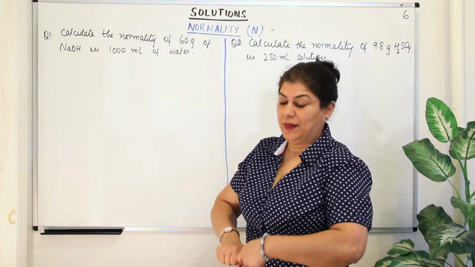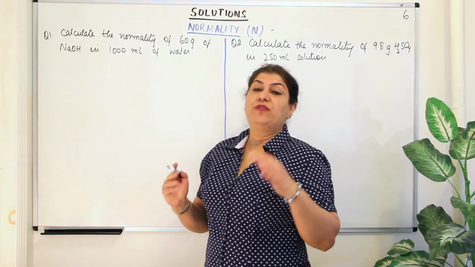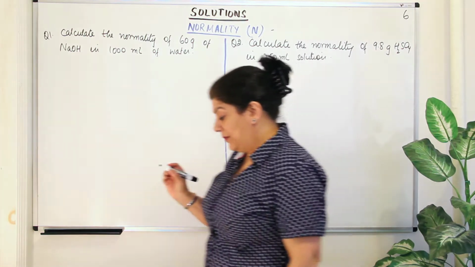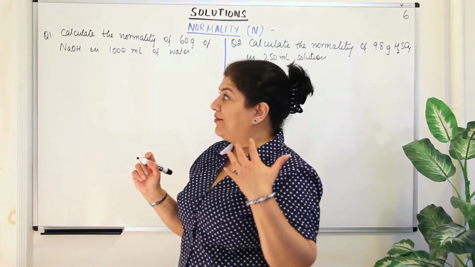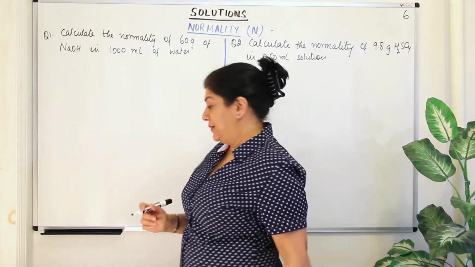Remember, whenever we solve a numerical, whatever is asked, we first write down its formula or its definition. If you have that in mind, then you can always arrive at what is required.